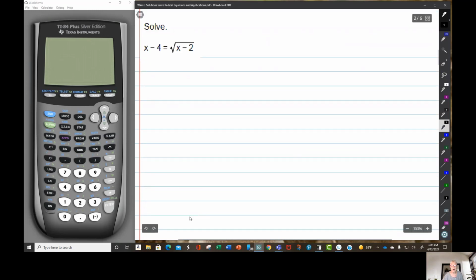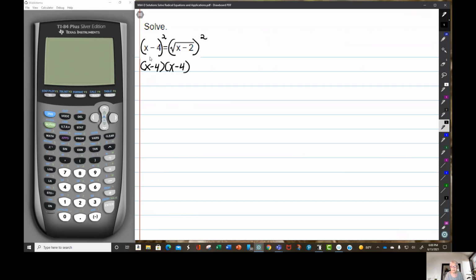Now, we move on. My square root is already isolated, so I'm going to square the left side of the equation and the right side of the equation. When I square the left side of the equation, I get x minus 4 times x minus 4.